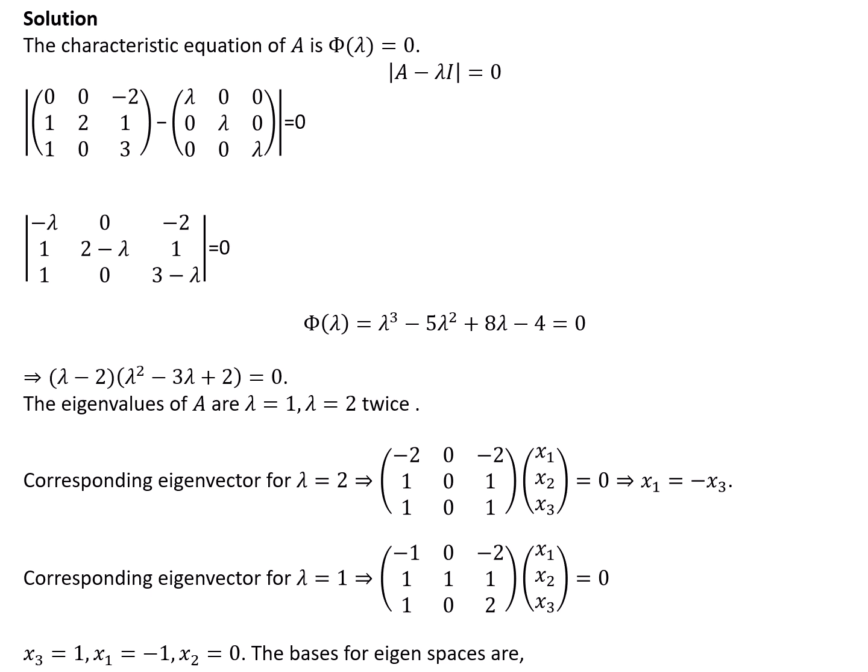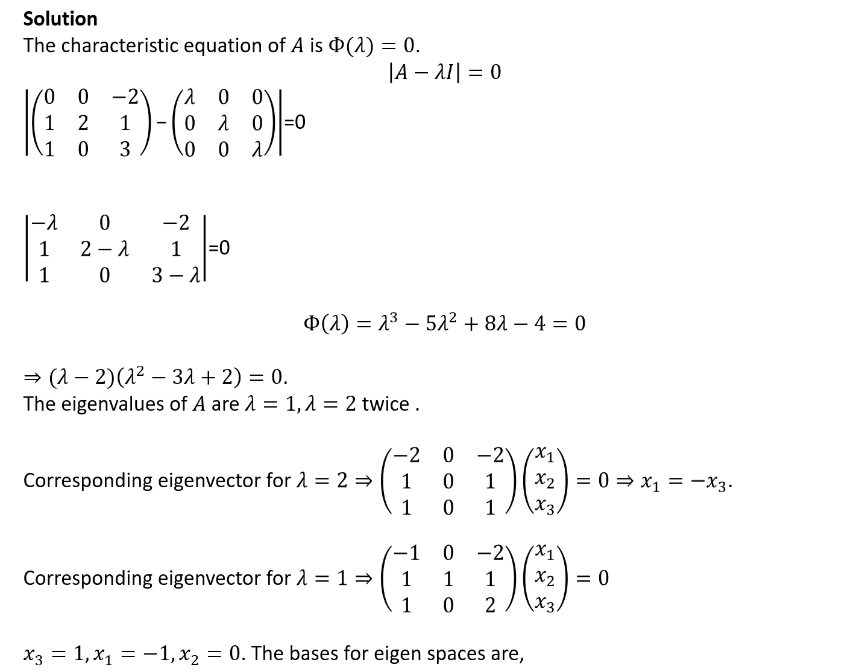You find the determinant, which is equal to 0, for us to be able to determine the lambda. So you have the matrix 0, 0, minus 2, 1, 2, 1, 1, 0, 3 minus lambda times the identity matrix. Here I've multiplied the lambda by the identity, so I have lambda 0 0, 0 lambda 0, 0 0 lambda, which equals 0.